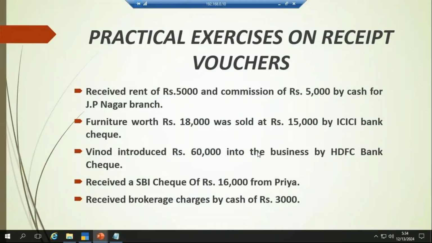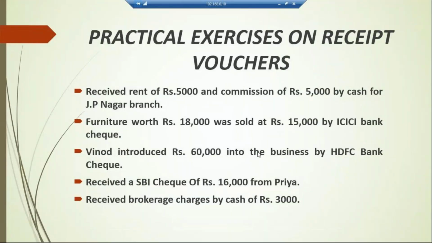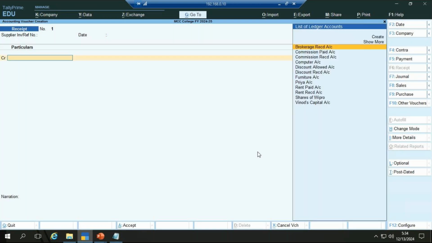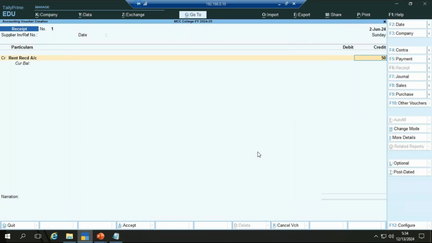First one, received a rent of rupees 5,000 and commission of rupees 5,000 by cash. So in a receipt voucher, first we are going to credit, then we are going to debit. Enter. Credit, rent received 5,000, enter.